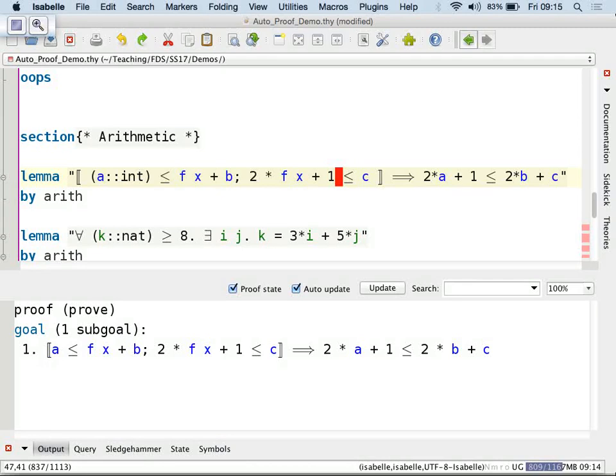You want to replace this A by this one? Yes, you can do that. And then the C by the other two, fx plus 1 on the right side. And then it still holds, so the original conclusion is true.